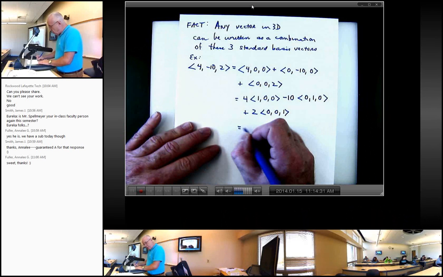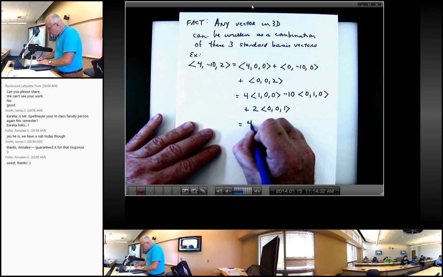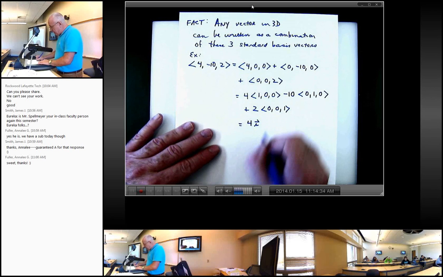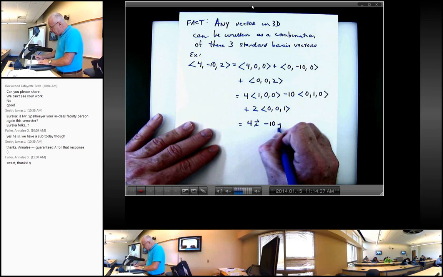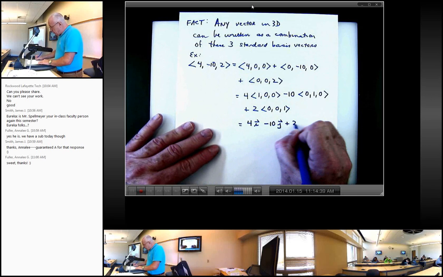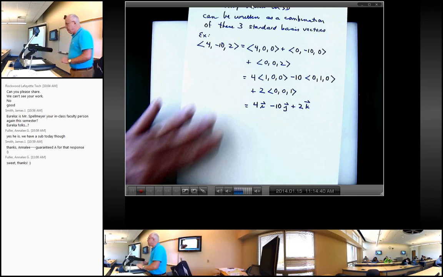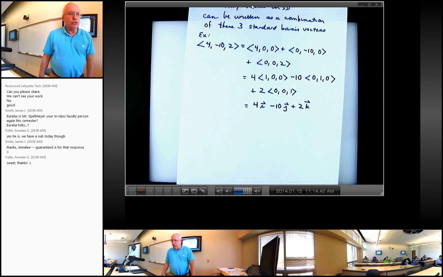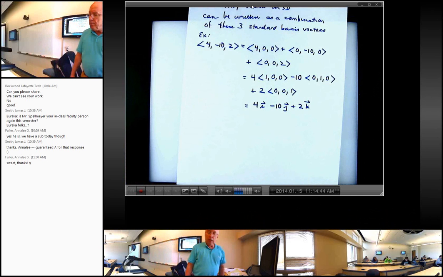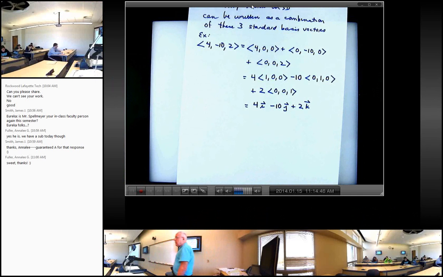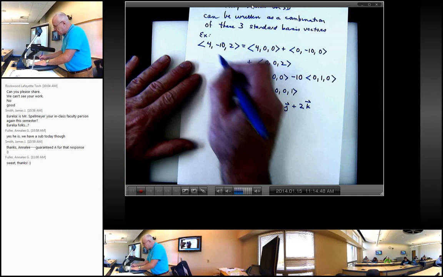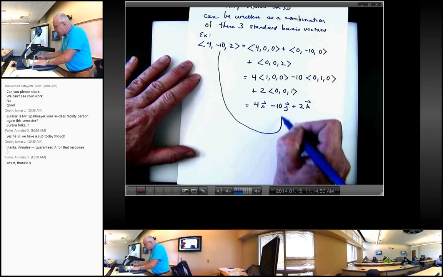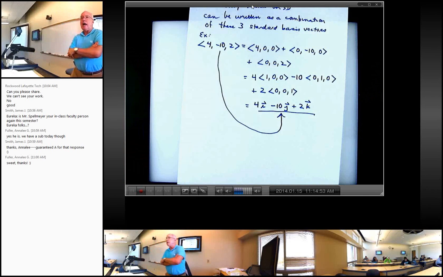So these are 4i minus 10j plus 2k. So for any vector, you can see directly from the components of the vector we started with how it would be written as a sum or difference of those three.